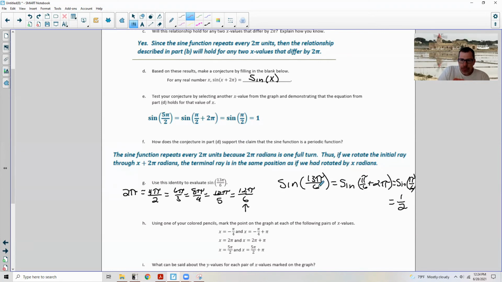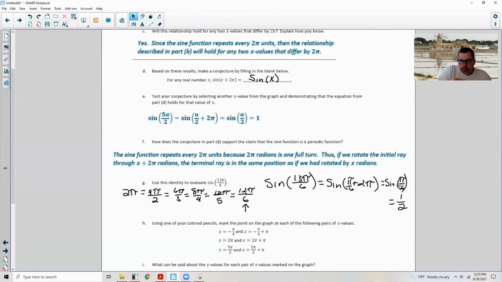So the sine of 13 pi over 6 equals the sine of pi over 6, and the sine of pi over 6 equals 1/2.